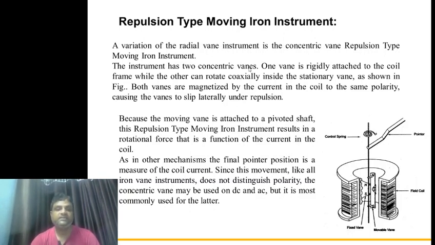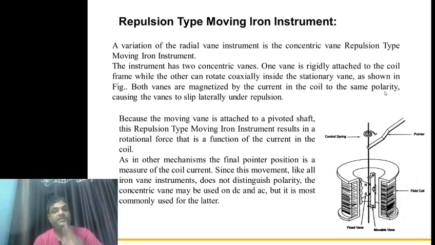So that is right, one vane is rigidly attached to the coil frame, and the other can rotate coaxially inside the stationary vane. Actually, this particular arrangement is called a coaxial arrangement. That is why they write coaxial inside the stationary vane. Both vanes are magnetized by current in the coil to the same polarity. Again, the same principle, because it is a repulsion type of instrument.